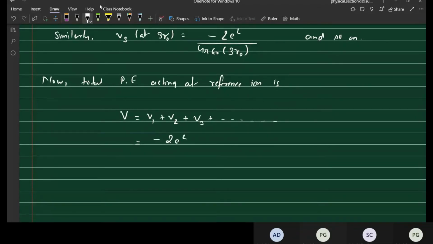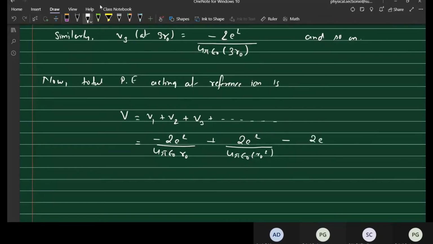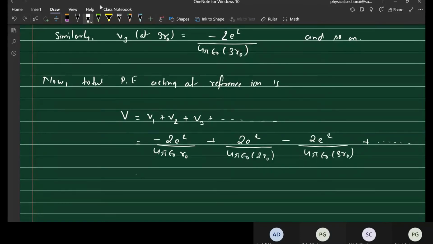V1 was minus 2e square by 4 pi epsilon naught r naught. V2 was 2e square by 4 pi epsilon naught 2 r naught. And V3 was minus 2e square by 4 pi epsilon naught 3 r naught, plus and so on. So this can be written as minus e square by 4 pi epsilon naught r naught.